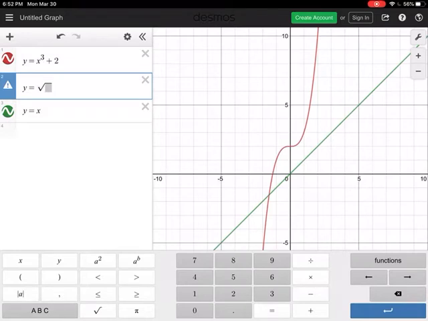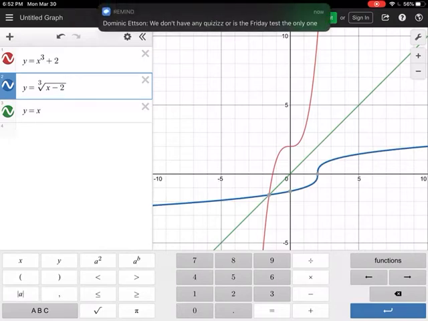So this should be the cube root, and then it's x minus 2. So I have both functions, they're inverses of each other. If you were to fold your paper along that green line, the blue and the red would match up. They would meet. It's symmetric.